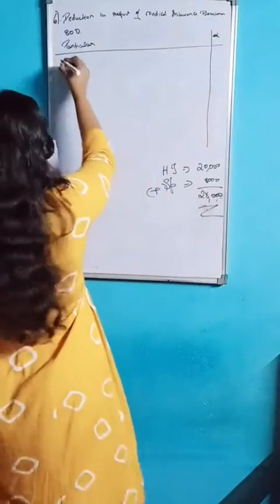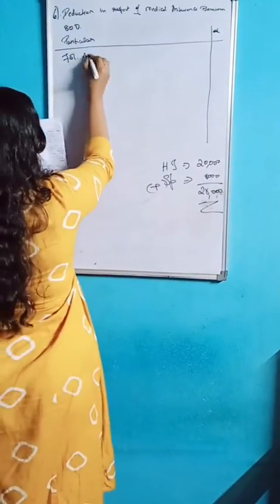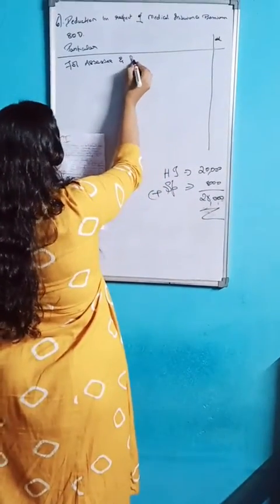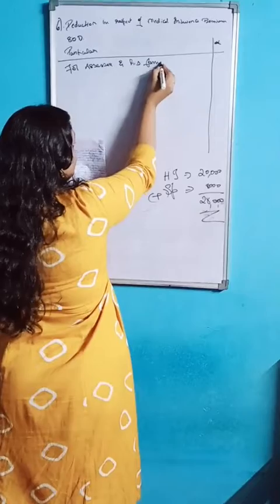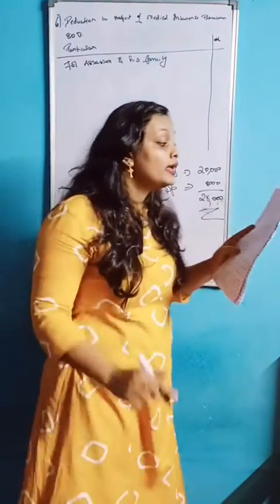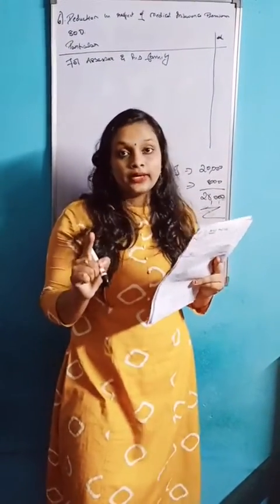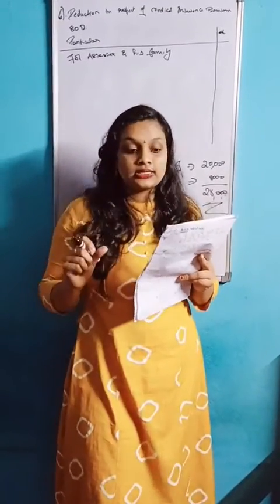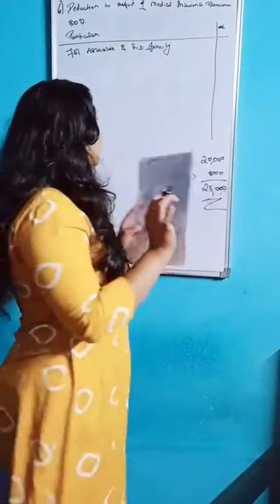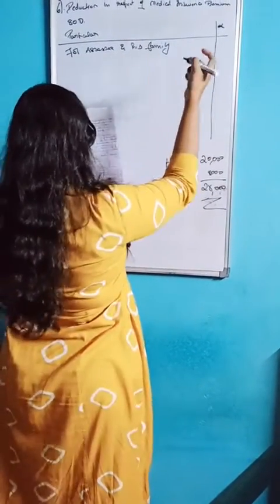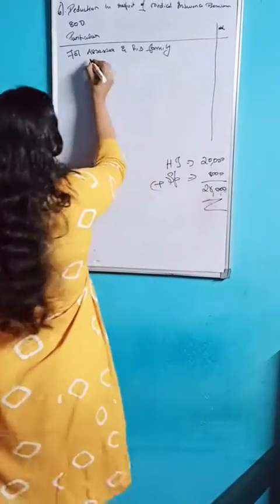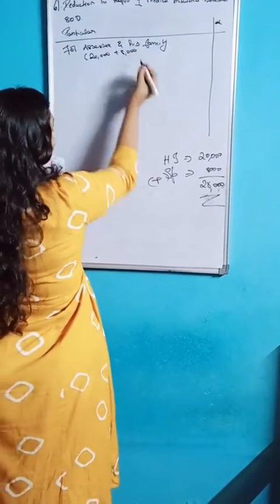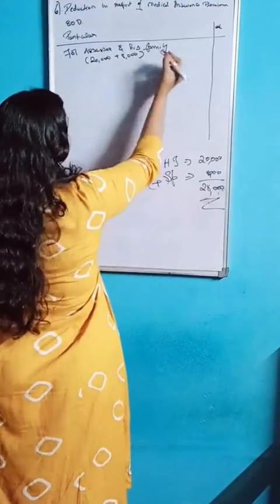So you should write here for assessee and his family, because in the question they have mentioned only one member, that is an individual, Mr. T.P. Kailasam. So it's an individual. So for assessee and his family, you write 20,000 plus 8,000, so you will get 28,000.